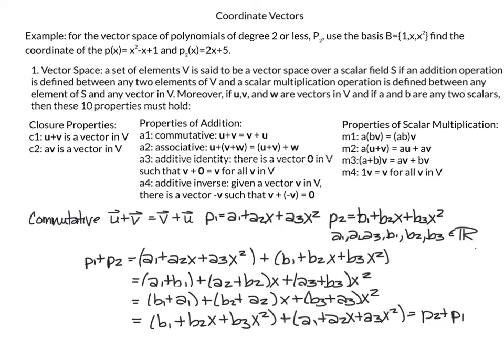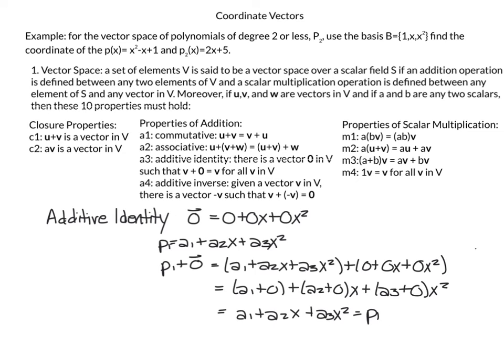This also commutes, and these are real numbers, so they commute. And so now, by the way we add polynomials, grouping and ungrouping like terms, I can have B1 plus B2x plus B3x squared plus A1 plus A2x plus A3x squared, which is P2 plus P1. So I have shown the addition of the two vectors is commutative.